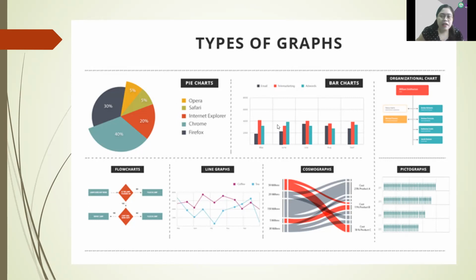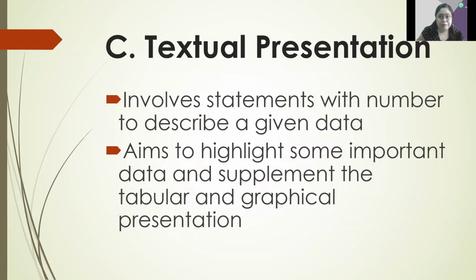But anyway, these are the types of graphs that you may use in presenting the results of your study. Lastly, we have the textual presentation. For example, you have the table. After that, you will be describing the data in a textual form. Okay?